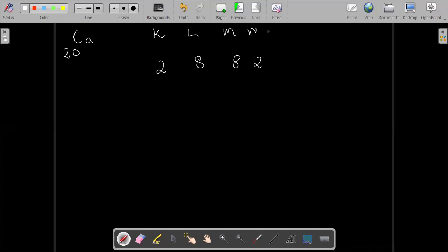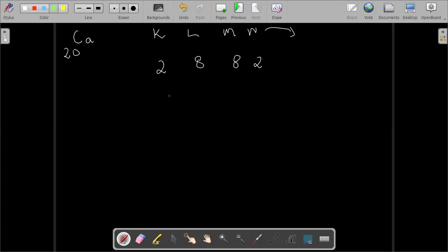If you want to know what comes after the N shell: generally, if the electrons are moving to the shells after the N shell, we represent them with numbers and not the symbols.